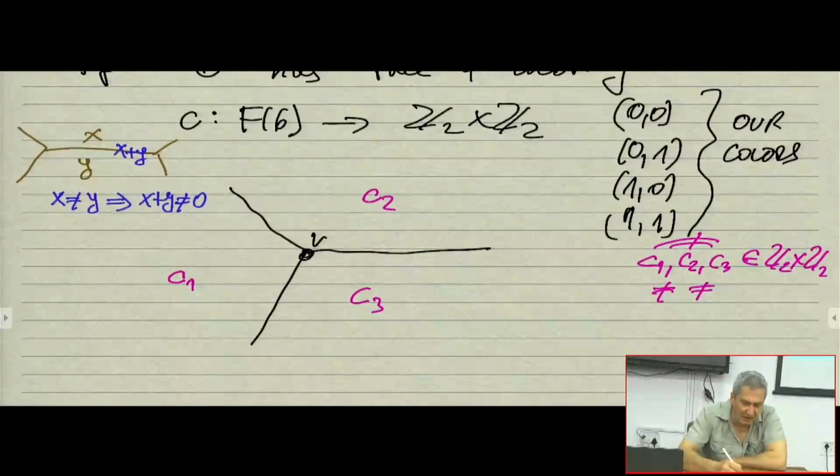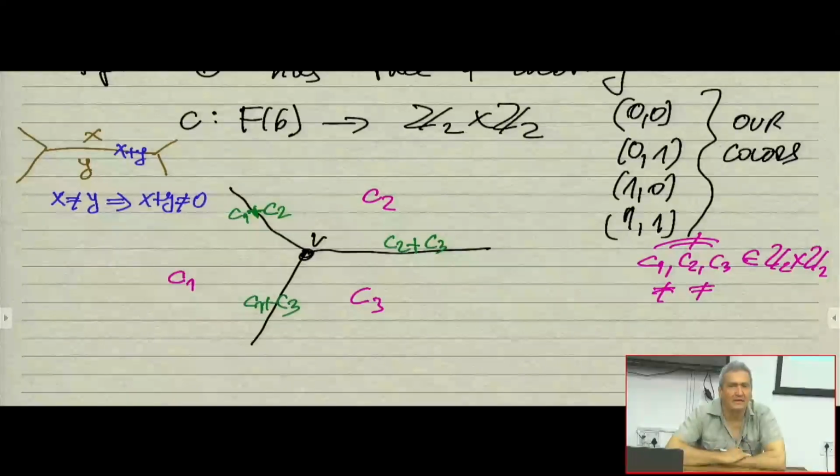Now we have here on this edge C1 plus C2, C2 plus C3, and C1 plus C3. Okay? Now, is it proper edge coloring?